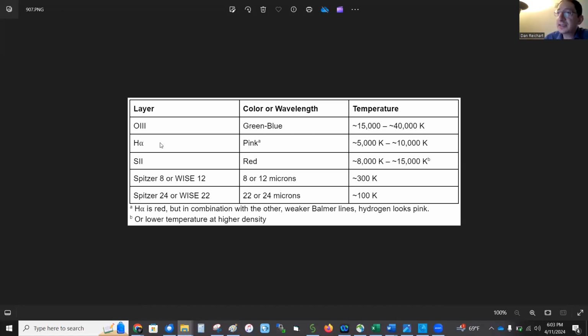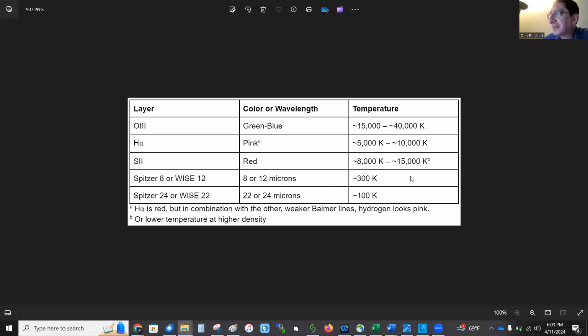Beneath that, we see H alpha and S2. They both emit over similar temperature ranges. H alpha from about 5K to 10K. By that, I mean 5,000 to 10,000 Kelvin. S2 emits over a slightly higher temperature range, 8,000 to 15,000 Kelvin.